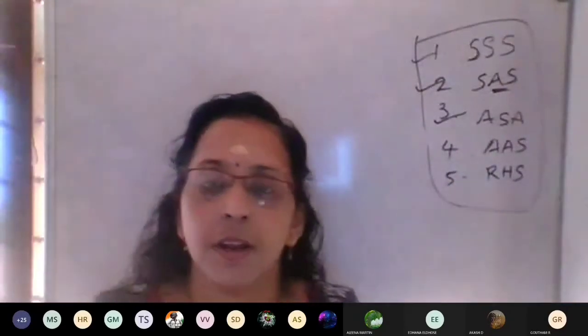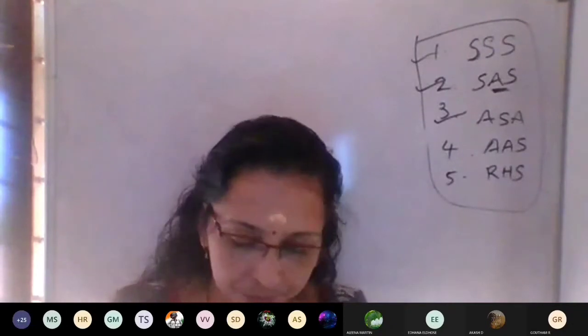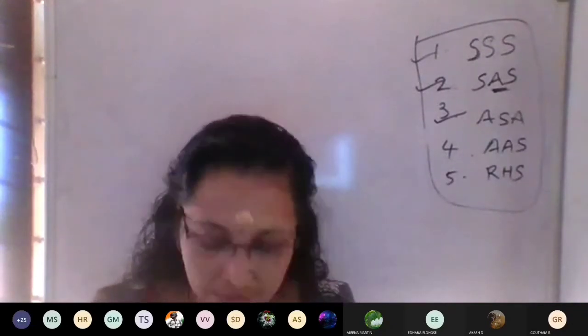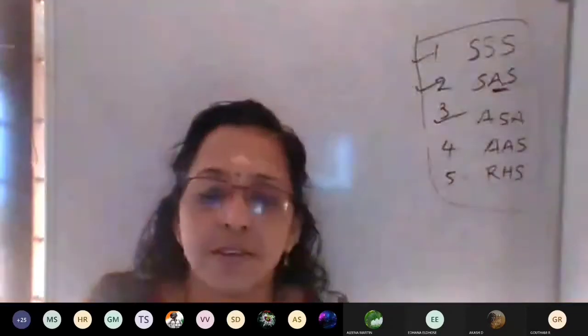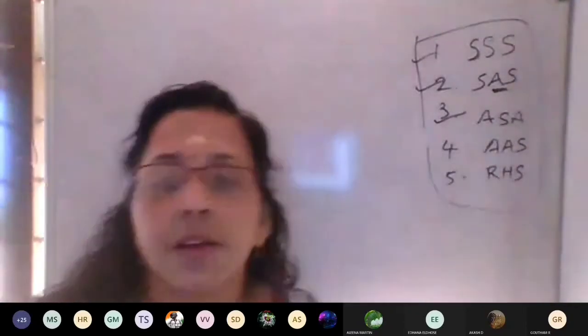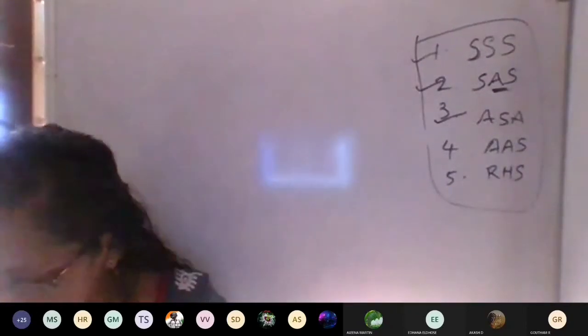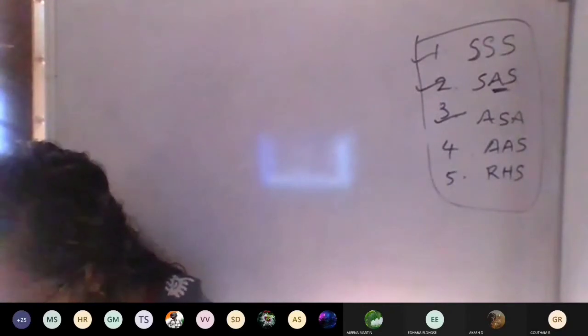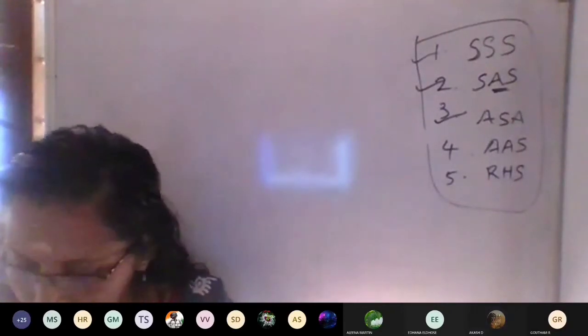So conditions for congruency and similarity are somewhat the same, but not the same. If you are familiar with congruent triangles, then it will be easy to study similar triangles. Similar triangles is easy compared with congruent triangles. So these points you should remember.